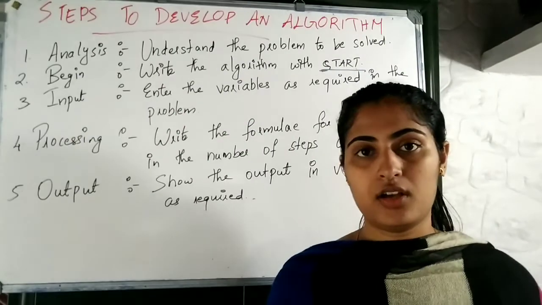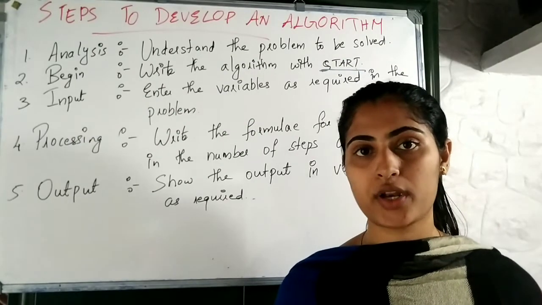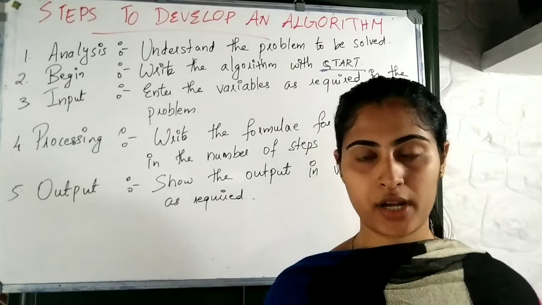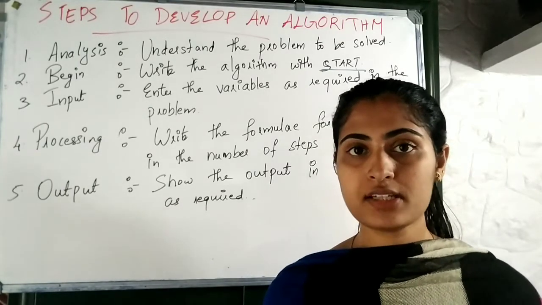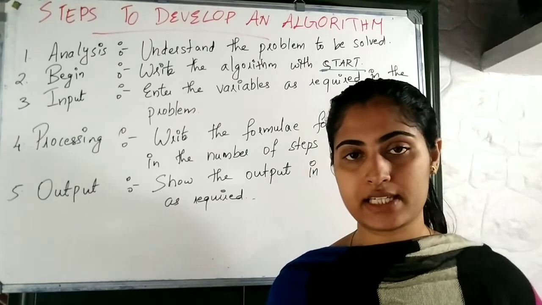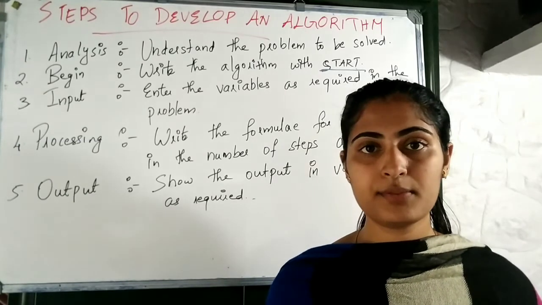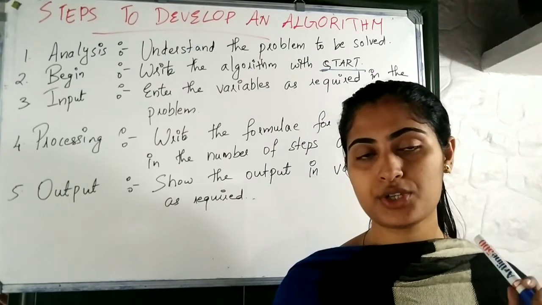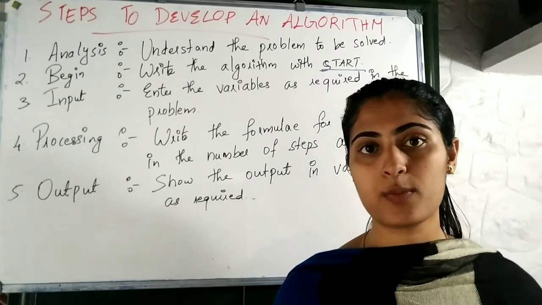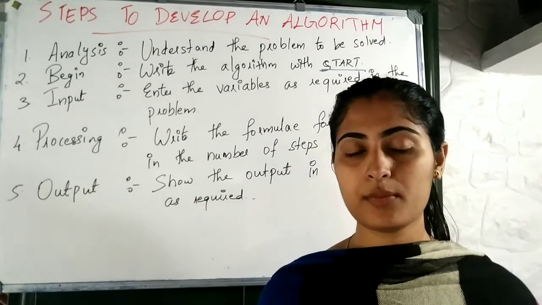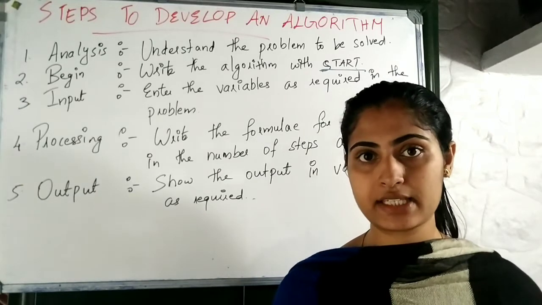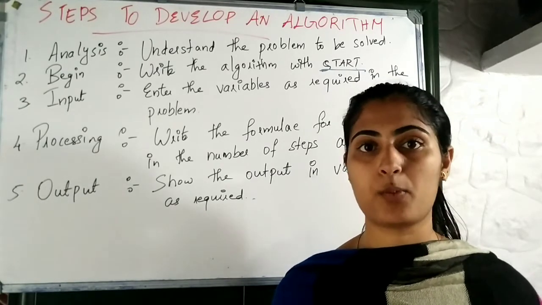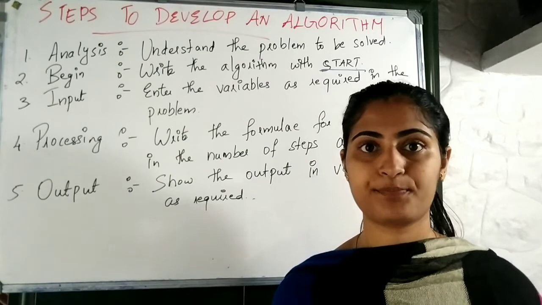We know that programmers write program code. Writing program code is the final stage. At the initial stage, a programmer should understand, or have an idea of, the particular problem which is to be solved. On the basis of that knowledge, he will write a step-by-step procedure for that problem, which is known as an algorithm.